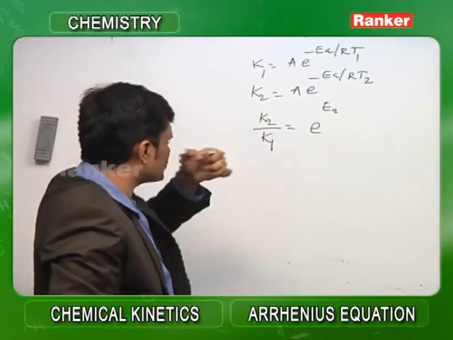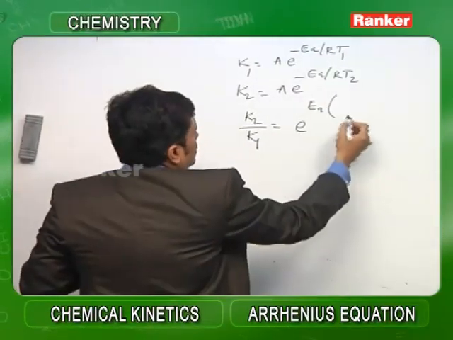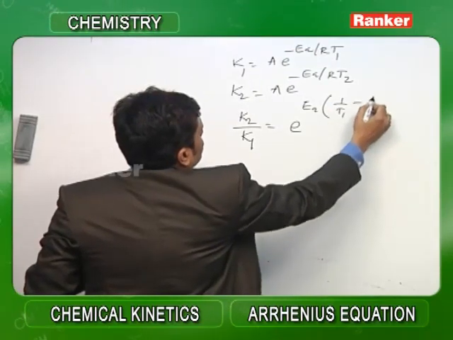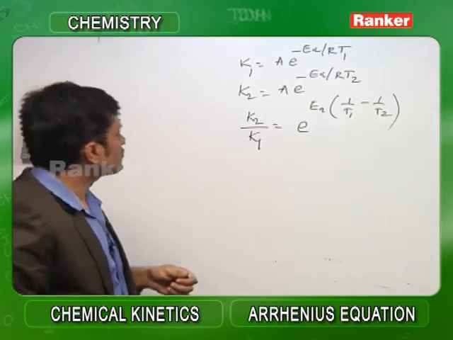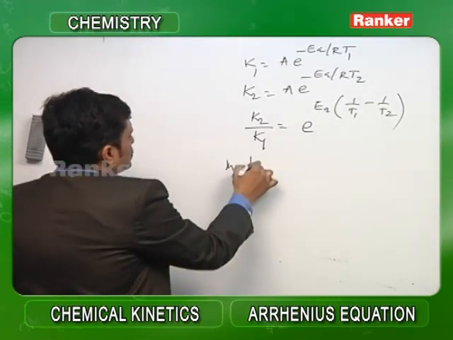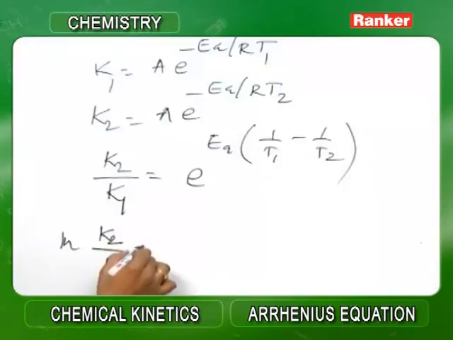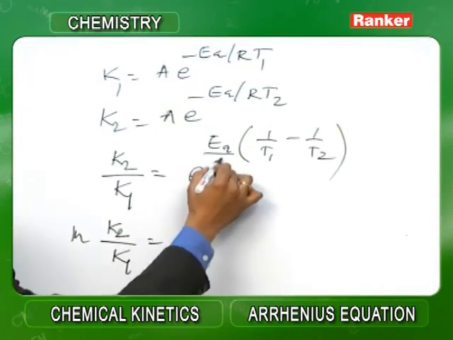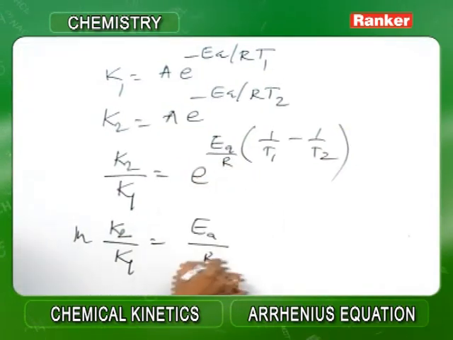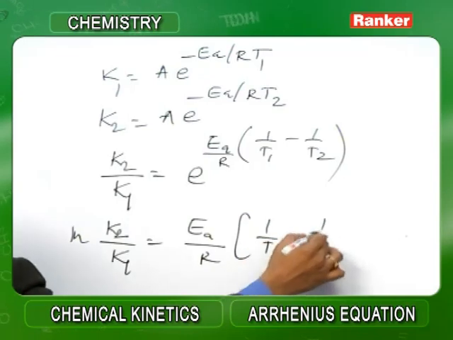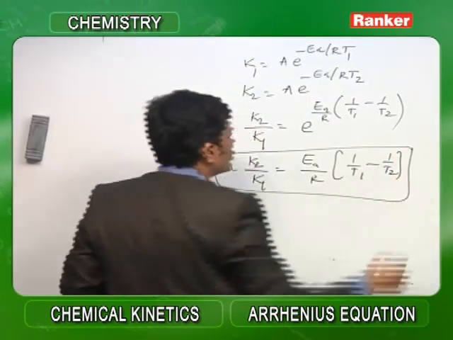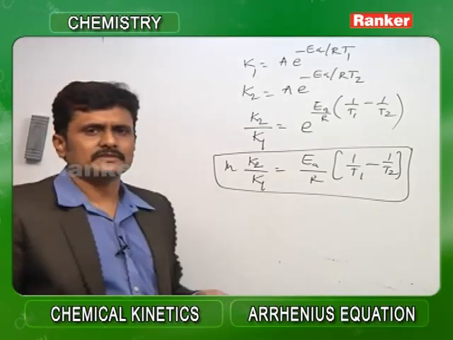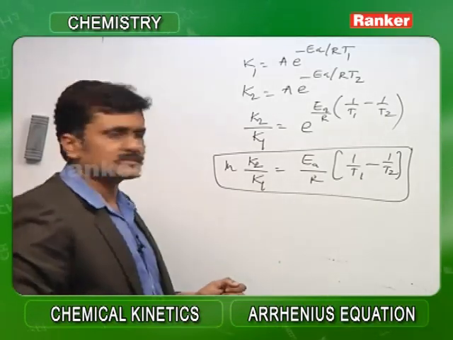If I take this Ea as common, I'll write it as 1 by T1 minus 1 by T2. So here when I am applying the logarithm, this is what we call the integrated form or the extended form of the Arrhenius equation.